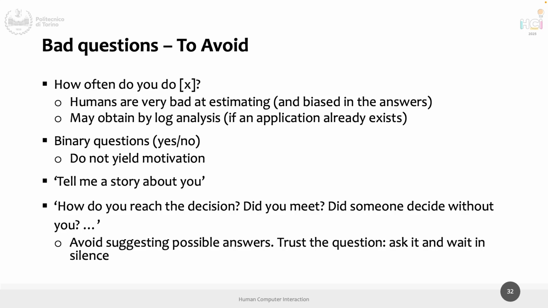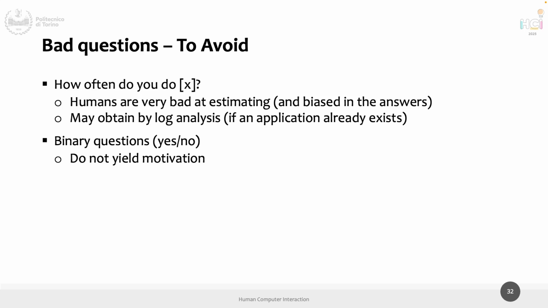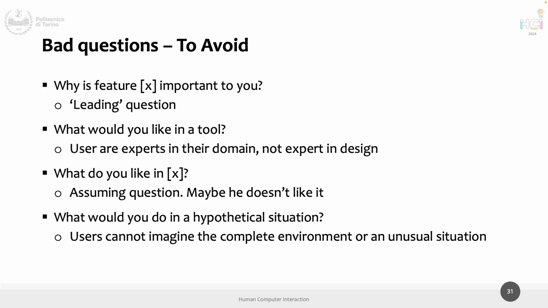What's really important in an interview is three things. One, identify people. Second, schedule a time and place to do it, and start with a large open question, and then move towards what you want to know, and avoid bad questions. Also always try to understand what you want to know.